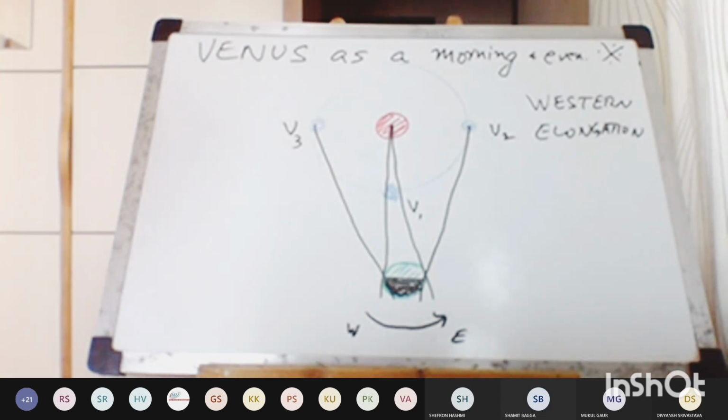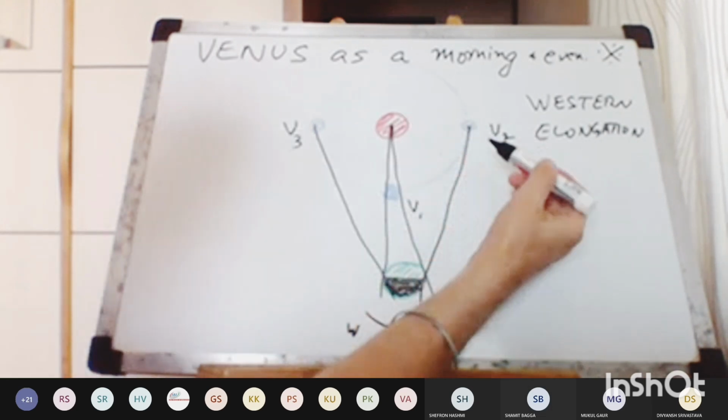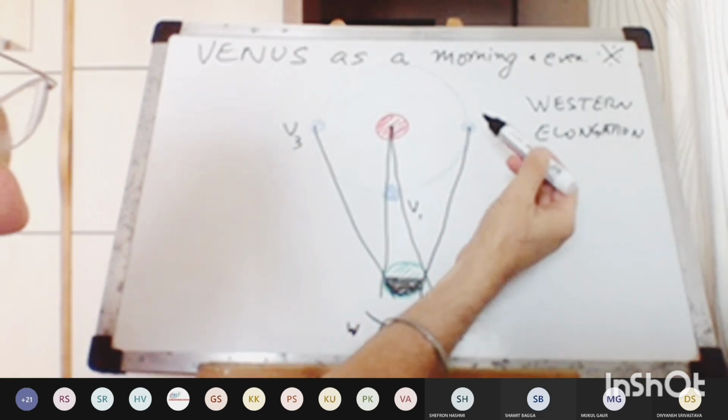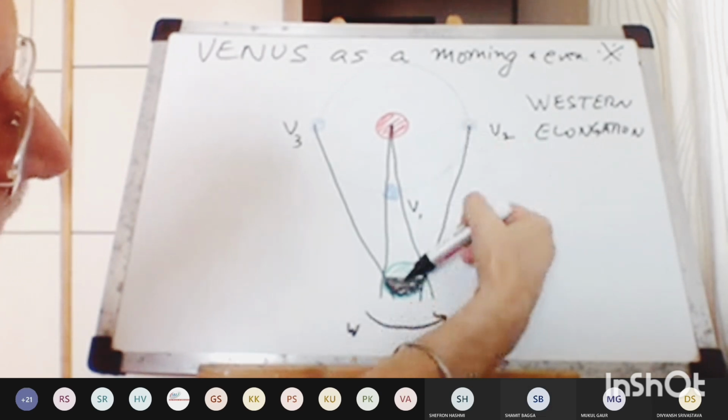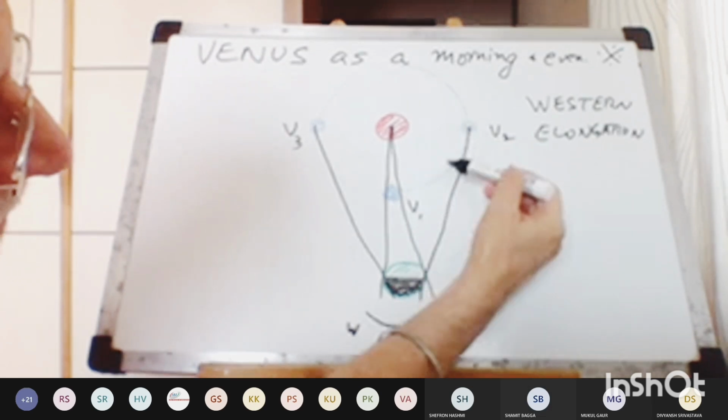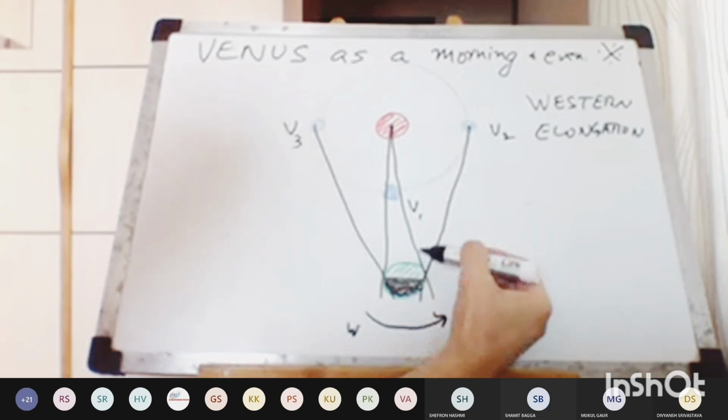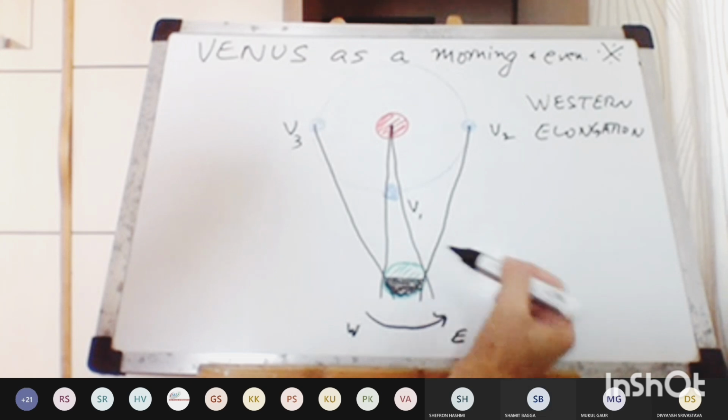Now, if I plot the geographical position of V2, the line joining the center of the body to the center of the Earth, where it cuts the Earth's surface, that is the GP. So I'll just put a dot. I will not complicate the diagram. This is the GP of Venus.